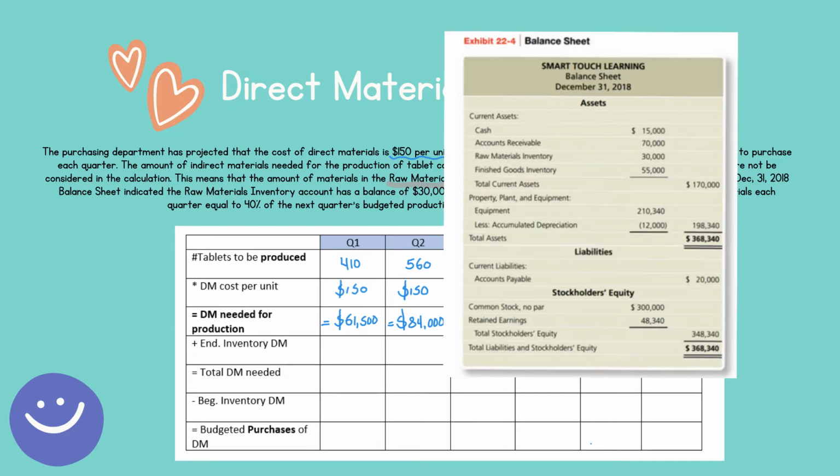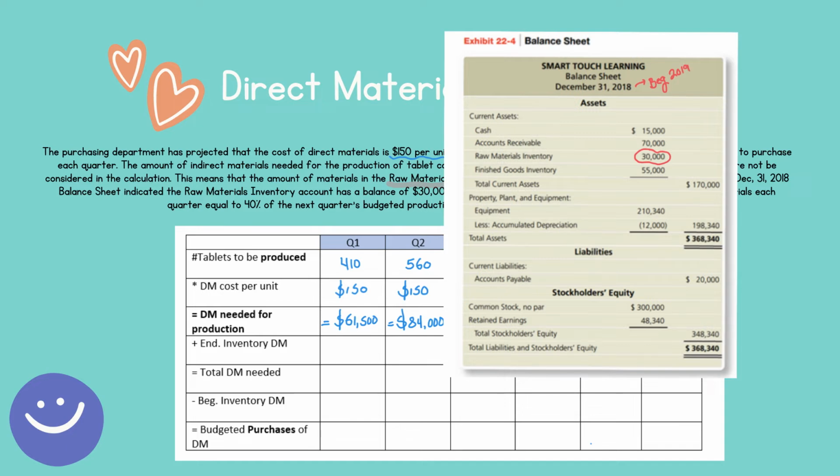So this is the balance sheet at the end of 2018, which is the beginning for 2019. If you look here, under current assets, the raw materials inventory balance is 30,000. This is at the end of 2018, so it's gonna be the beginning for 2019.